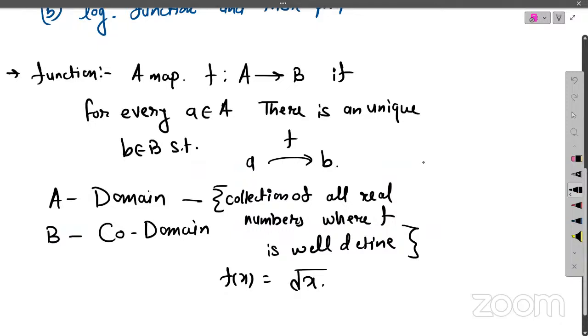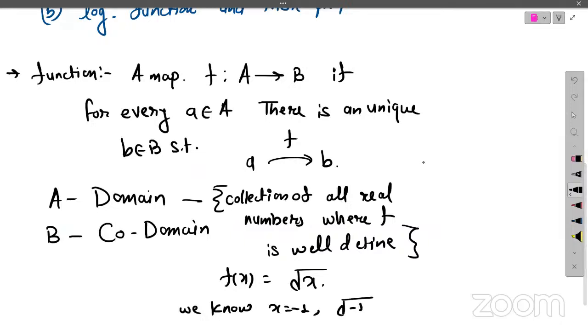This function does not make sense for negative values, because if you put x equal to -1, then the square root of -1 is not a real number. So for negative values, this function is not well defined, because it is not giving us a real number as an output. So domain is nothing but the collection of all those real numbers for which our function is well defined, for example, the square root of x function.